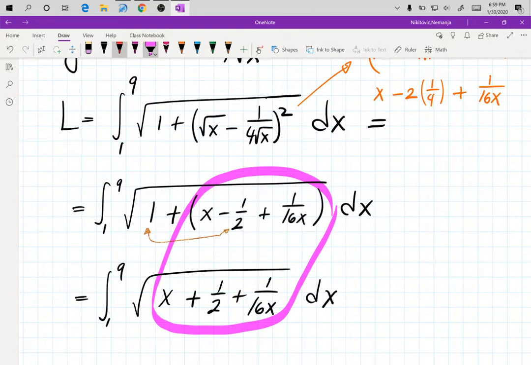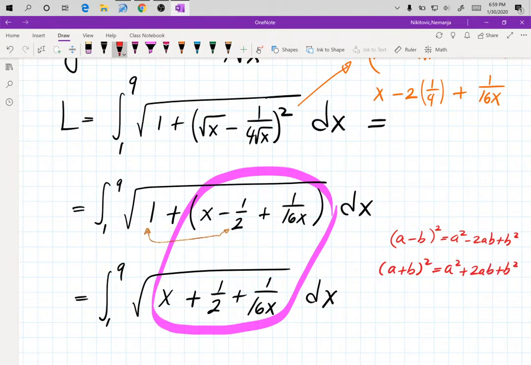Now, I'm going to write two algebra formulas. One says a minus b squared is a squared minus 2ab plus b squared, and the other one is a plus b squared, which is a squared plus 2ab plus b squared. Why did I write this?